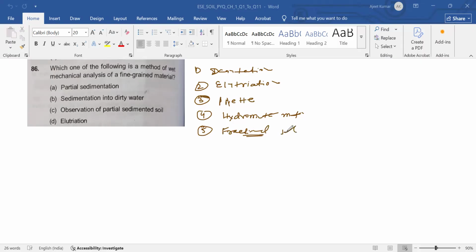Sixth is accumulative sedimentation. Seventh is manometer method.